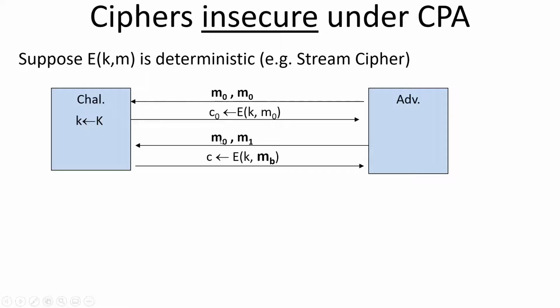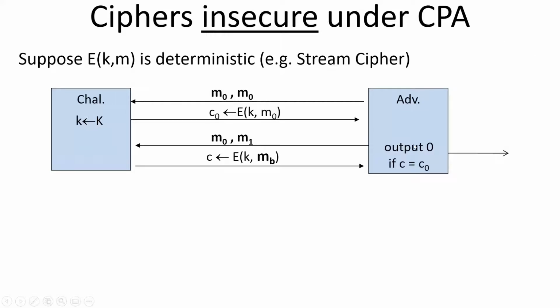But M1 has to be the same size as M0. Now the adversary sees an encryption of the message pointed to by index b. He simply compares these two ciphertexts, and if they are the same, outputs 0. And if they're not the same, then outputs 1.